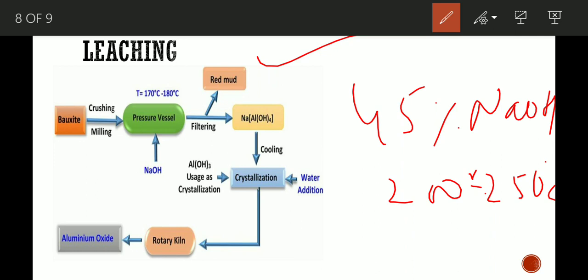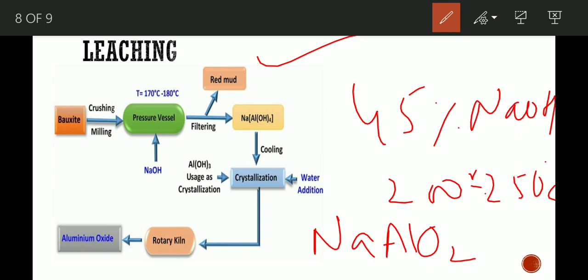Now what is the formula of sodium meta-aluminate? The formula is NaAlO2. It is then diluted and kept with aluminium hydroxide for about 36 hours at 25 to 50 degrees Celsius to convert it into aluminium hydroxide, which is again in precipitate form.